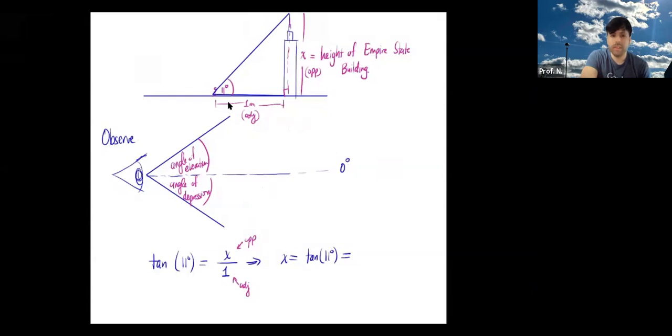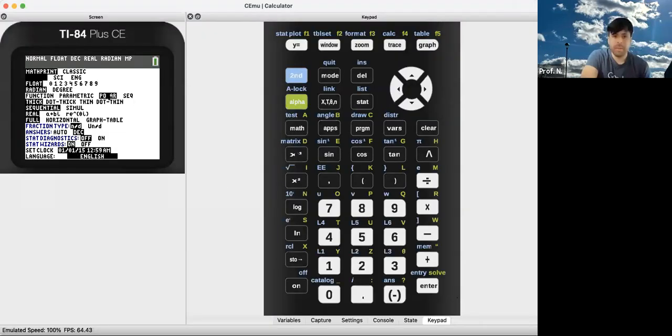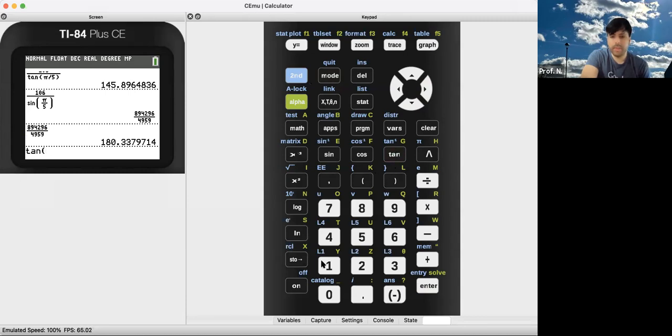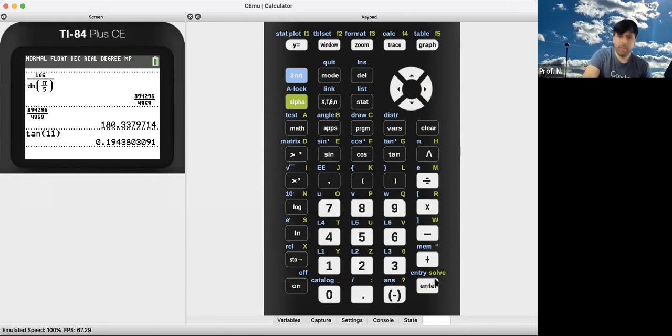Make sure your mode is in degrees, not radians. Let me share that with you. I go to tangent of 11 and I get 0.19438. So that's my answer.